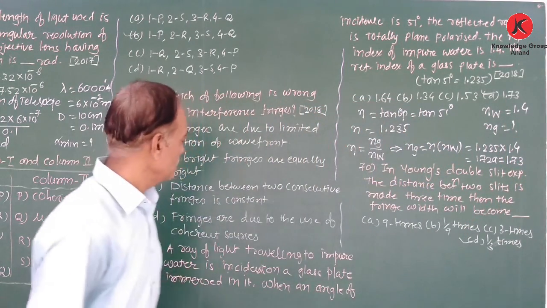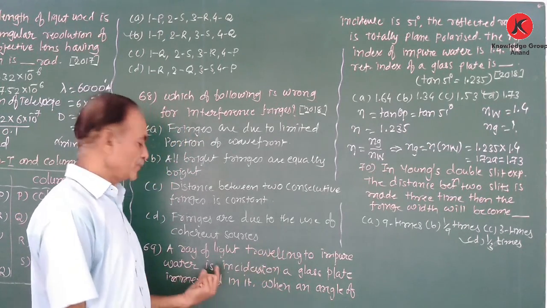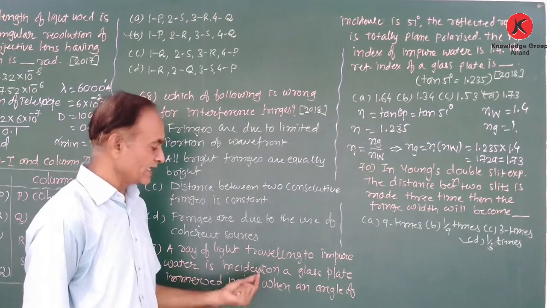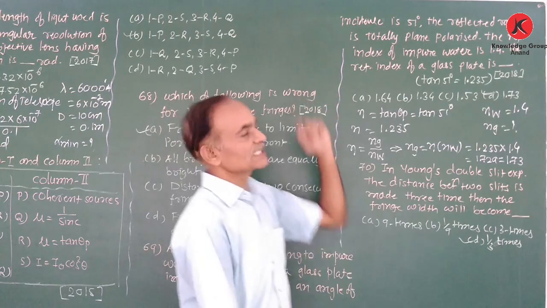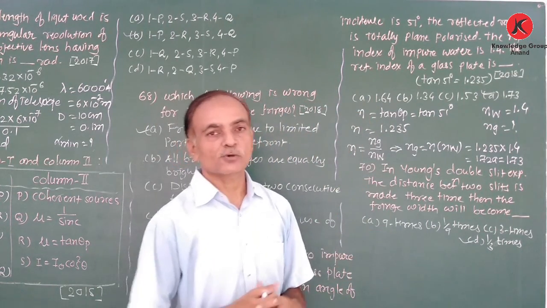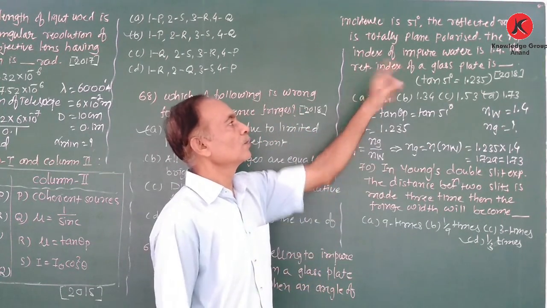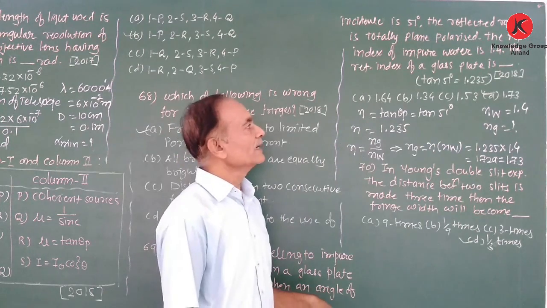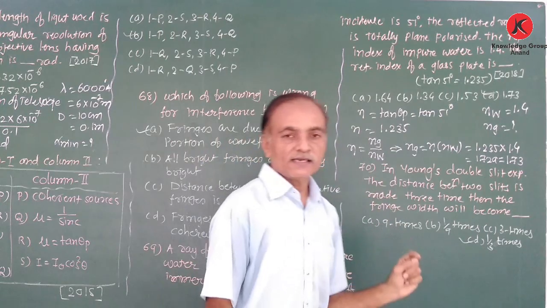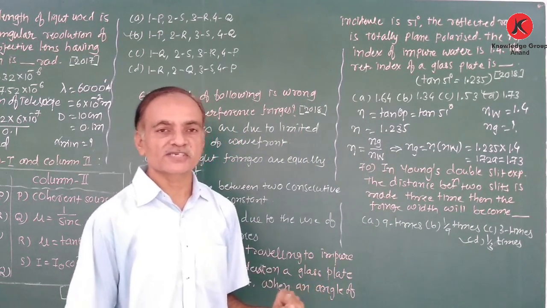Again here, a ray of light traveling in impure water is incident on a glass plate immersed in it. When the angle of incidence is 51 degrees, the reflected ray is totally plane polarized. The refractive index of the impure water is 1.4. The refractive index of the glass plate is? Here, what is given? The reflected ray is totally plane polarized. Therefore, we are using Brewster's law.